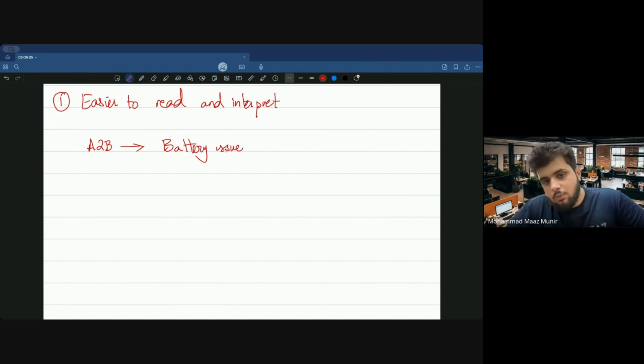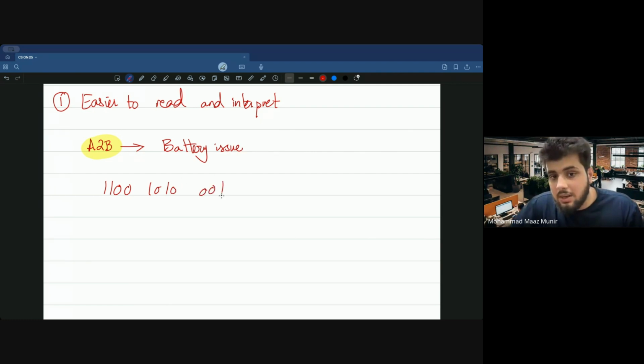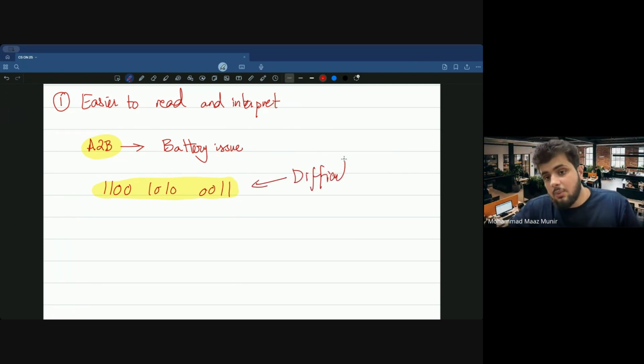Now, for humans, memorizing A to B is way easier than learning the flow of some numbers, 00, 11, 10, 10, random double zeros, 11. So just tell me, what do you guys think? Is memorizing A to B much easier, or 11, 00, 10, 10, 00, 11? Definitely this is more difficult. And this becomes more difficult when I have millions of such codes.